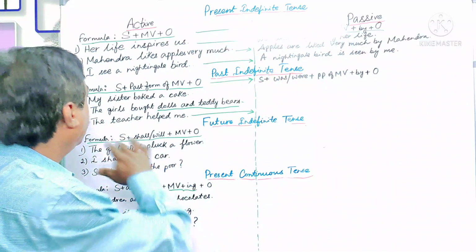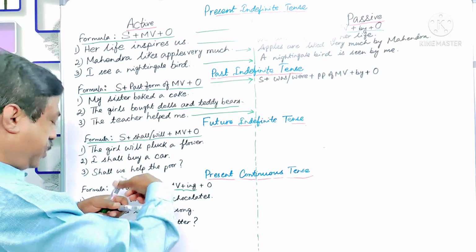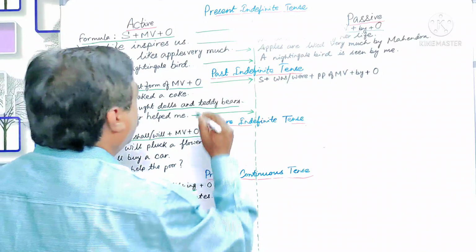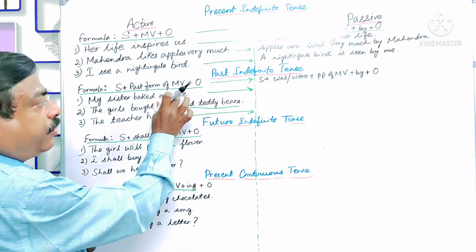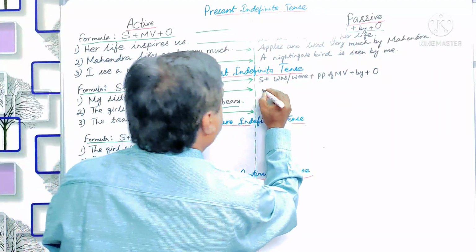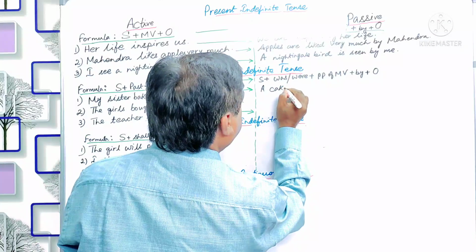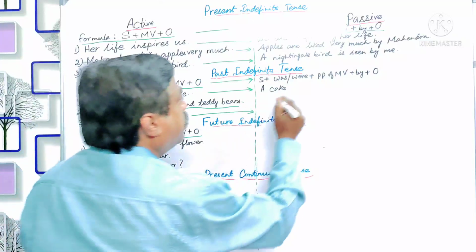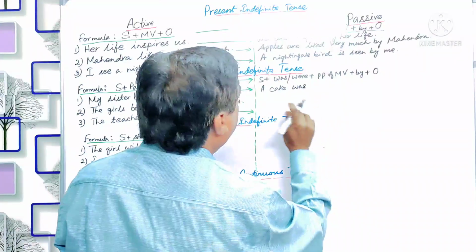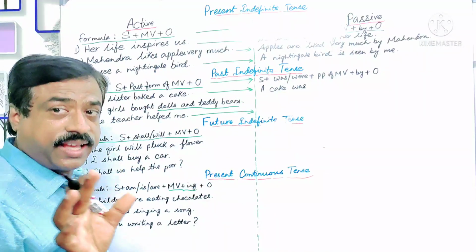Now I come to the first example. My sister baked a cake. So a cake here is an object that will become the subject here. So you have to write a cake. A cake, was or were should be immediately placed. So we have to write was, because it is a cake in singular form.